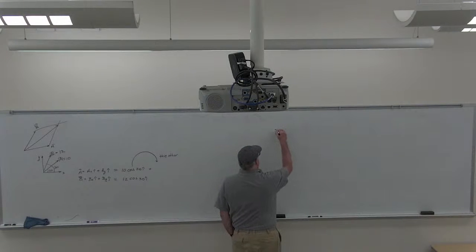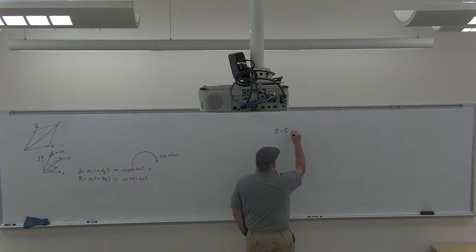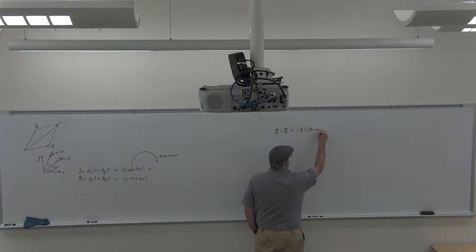If I have two vectors, A, and I want to dot it with B, then it's actually the magnitude of A times the magnitude of B times the cosine of the angle between them.